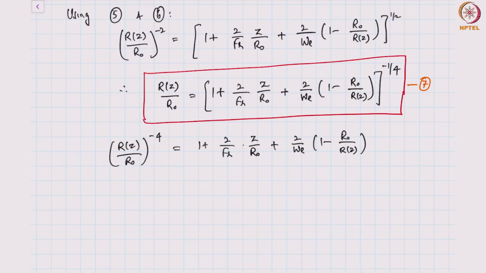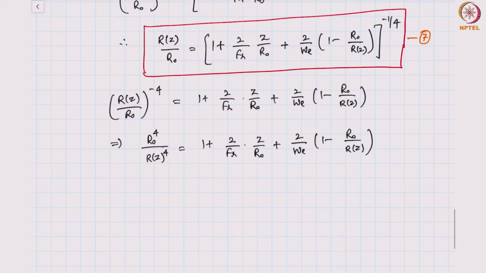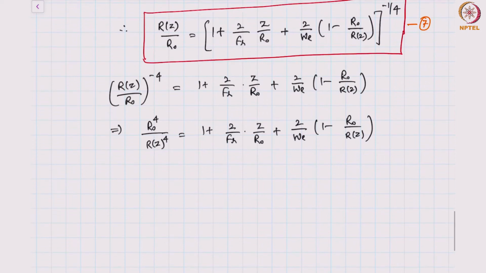R of z, and this implies r naught by r of z power 4 will be, now we can multiply throughout by r of z to the power of 4 to get a relationship in the following manner.